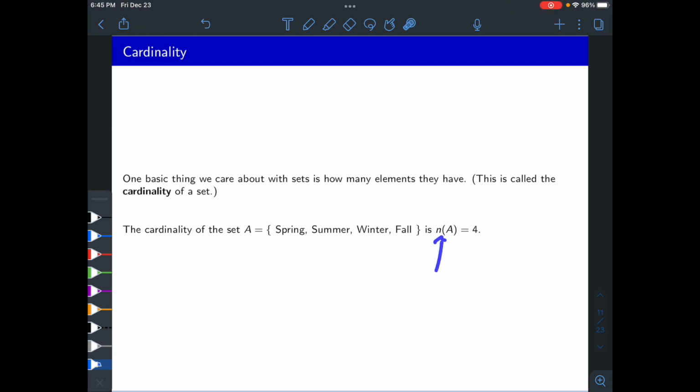So n stands for number, the number of things in the set A is equal to 4. That's how I read this in my head. Other books will use different notation for the cardinality. This is the one we'll stick with, because n of set, number of things in set, makes enough sense for us.